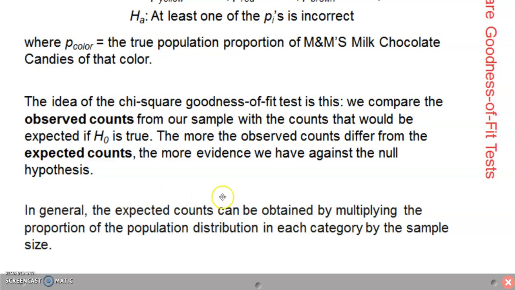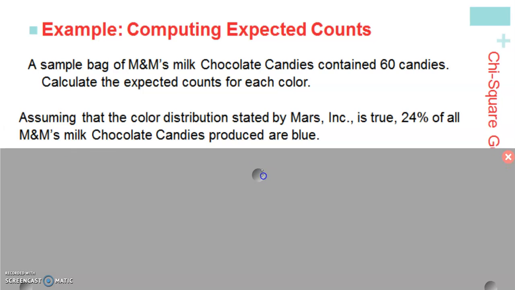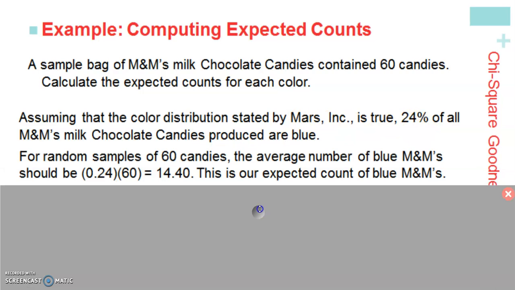So in general, the expected counts can be obtained from multiplying the proportion of the population distribution in each category by the sample size, and that's what you should have done yesterday in your activity. Now in my bag, since this sample size is 60, if Mars says 24% of them should be blue, I can just do 24% of 60, so my expected count is 14.4.